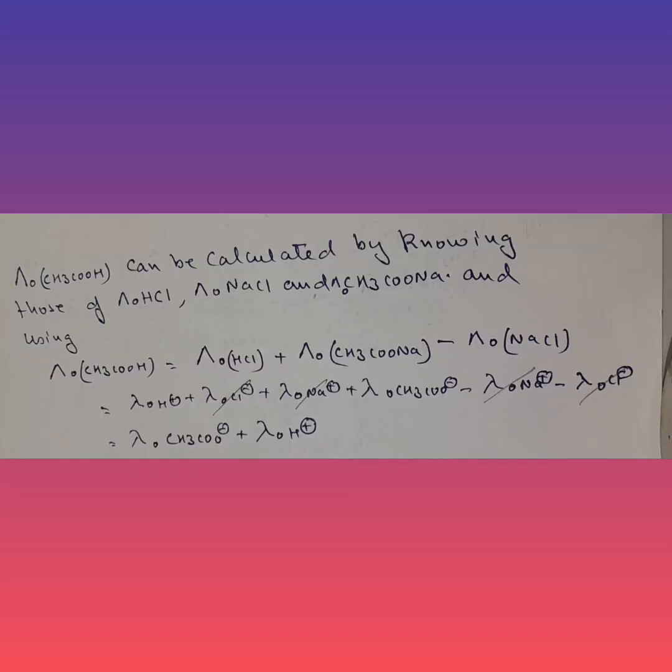How? Now let us take an example and try to understand. This method can be used for finding lambda cap 0, the molar conductivity at infinite dilution of a weak electrolyte, knowing the values for HCl, NaCl and sodium acetate.